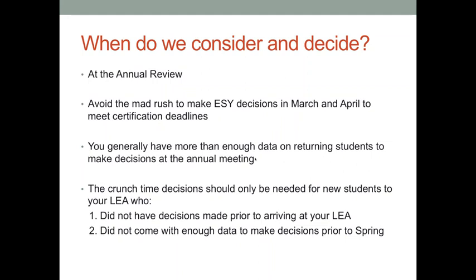This helps you to avoid the mad rush that can happen in March and April when you're trying to meet certification deadlines for May. The reality is you generally have more than enough data on returning students to make decisions at the annual meeting. So there's no need to wait until spring to decide if a student should attend ESY.